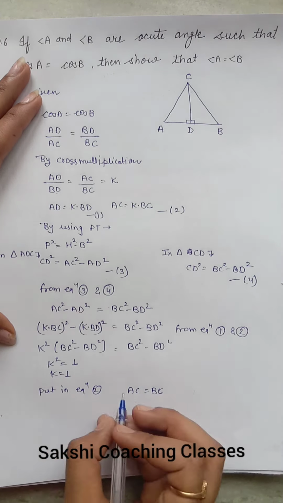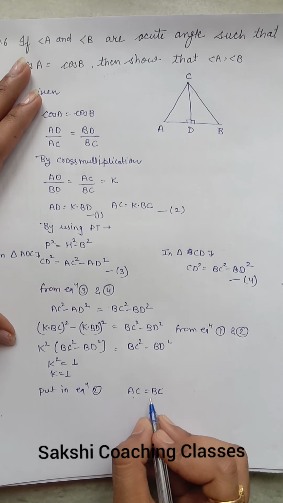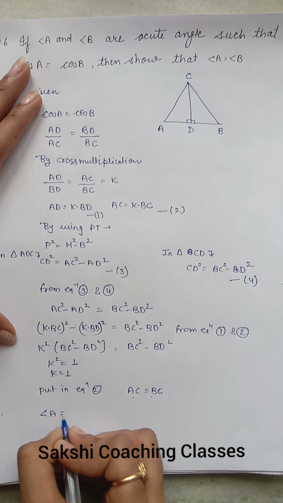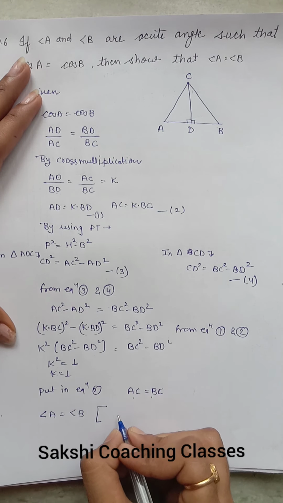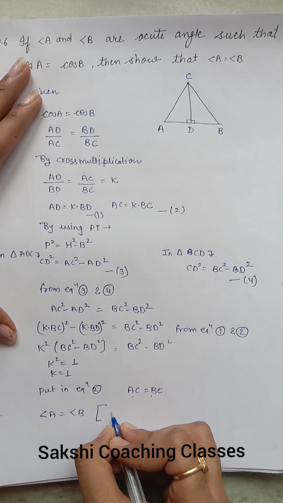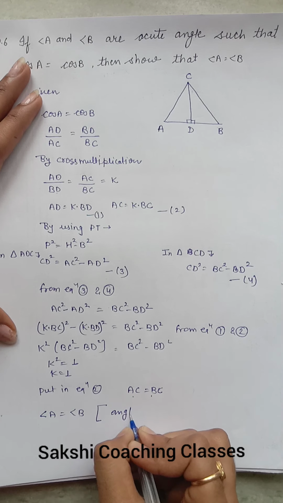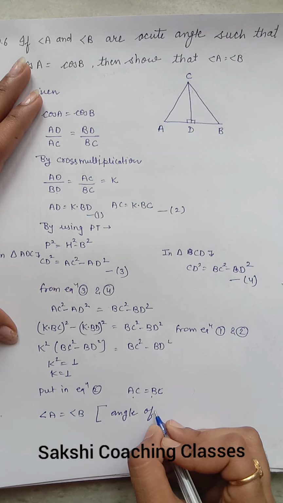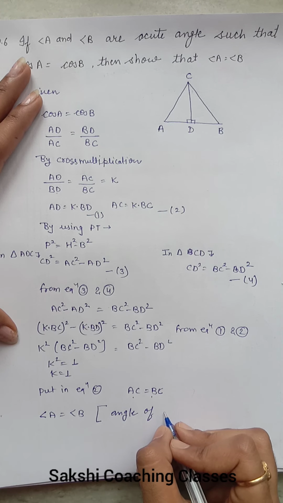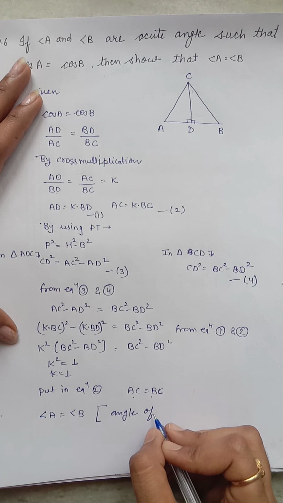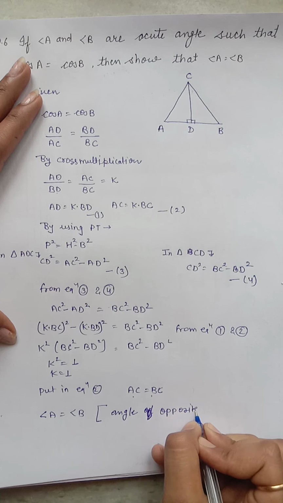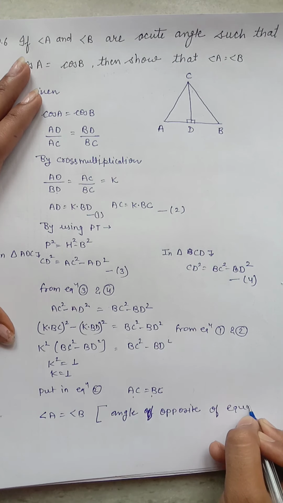So we know that angles opposite to equal sides are equal.